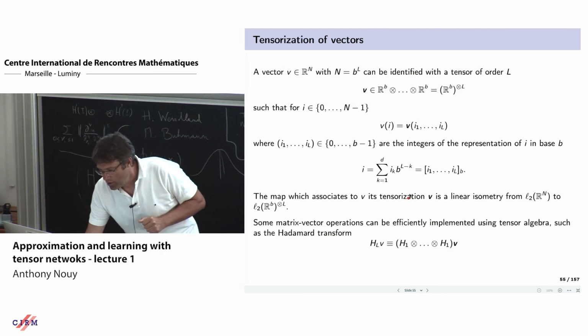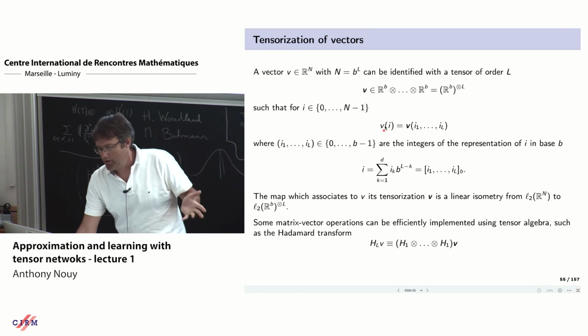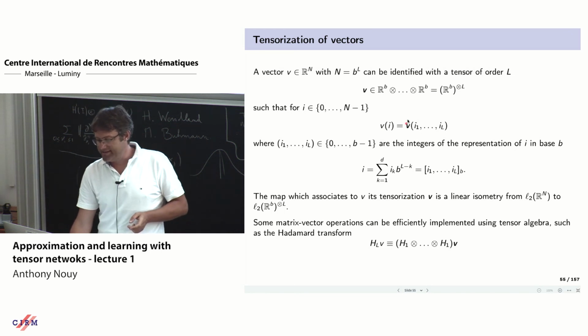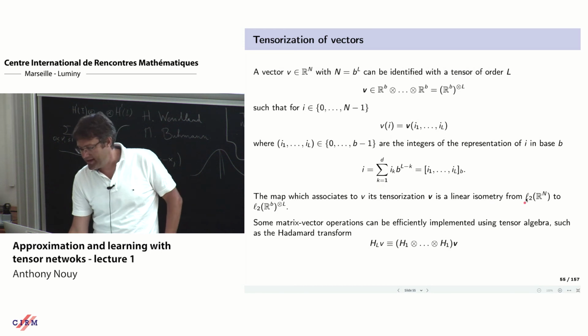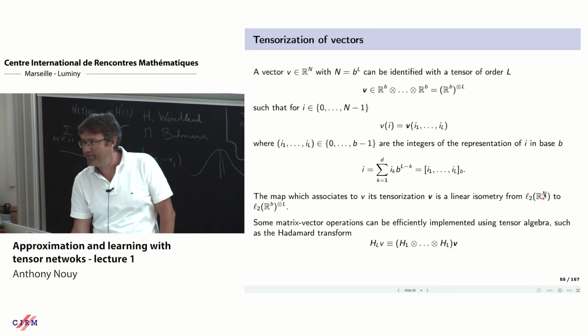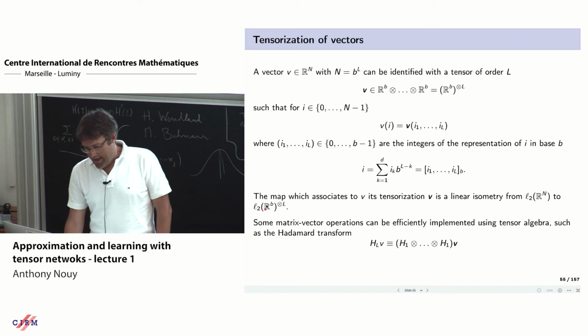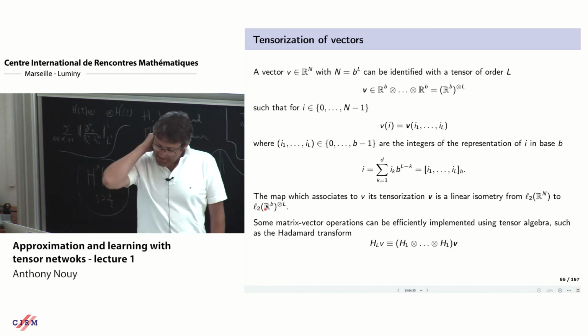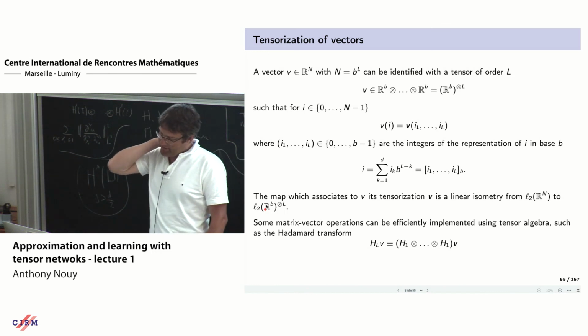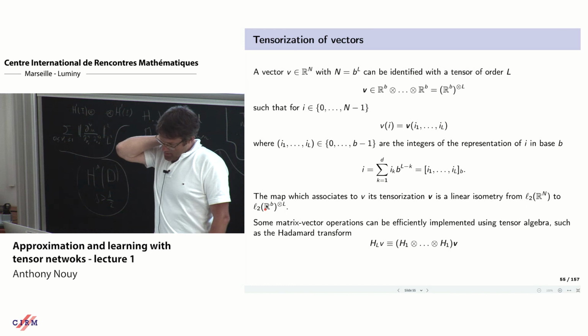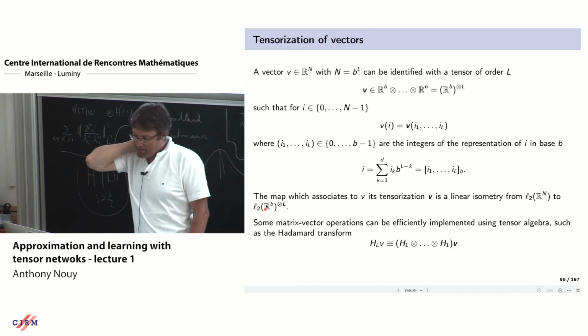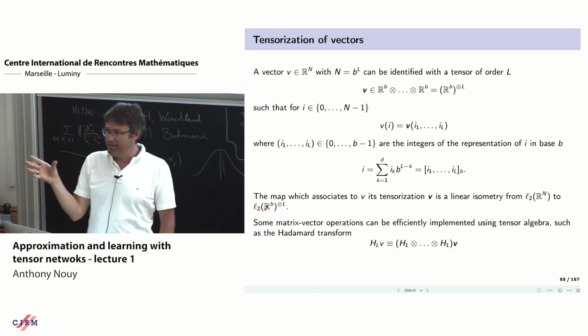So the map which associates to a vector this tensor is a linear isometry between L2 spaces, the L2 space of vectors of size n, and the tensor space equipped with a canonical norm. And what is the interest of this? There are many interesting operations in algebra that you can perform very efficiently in this world.